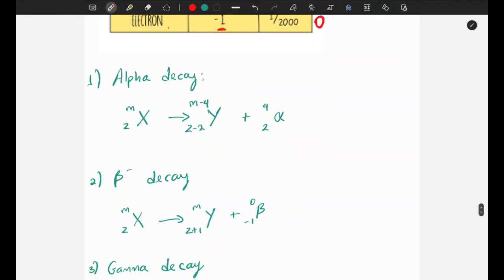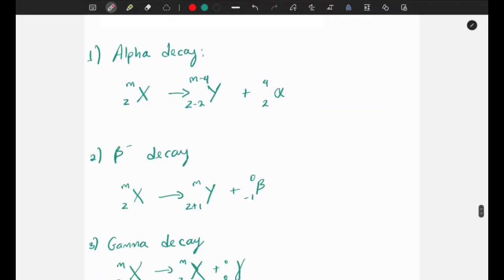Alpha decay is a type of decay, and we just have to know the equations. In an alpha decay, let's say we have a nucleus X with M, the mass number, and Z, the atomic number. After an alpha decay, an alpha particle is released.